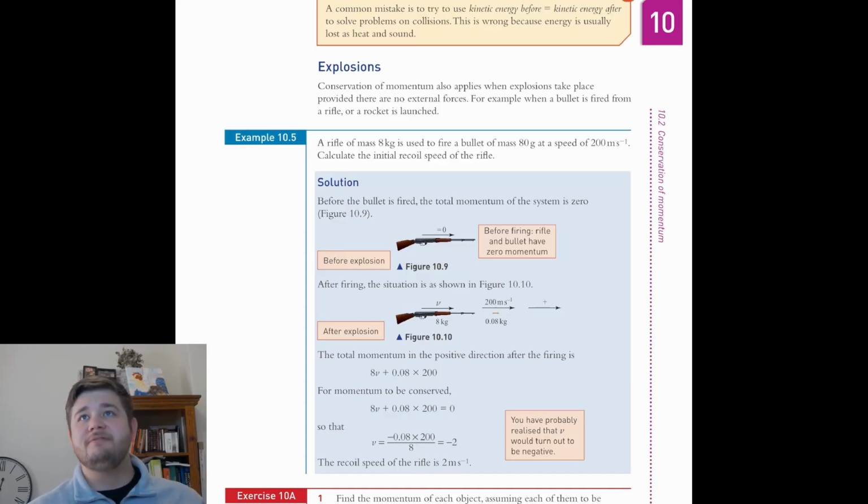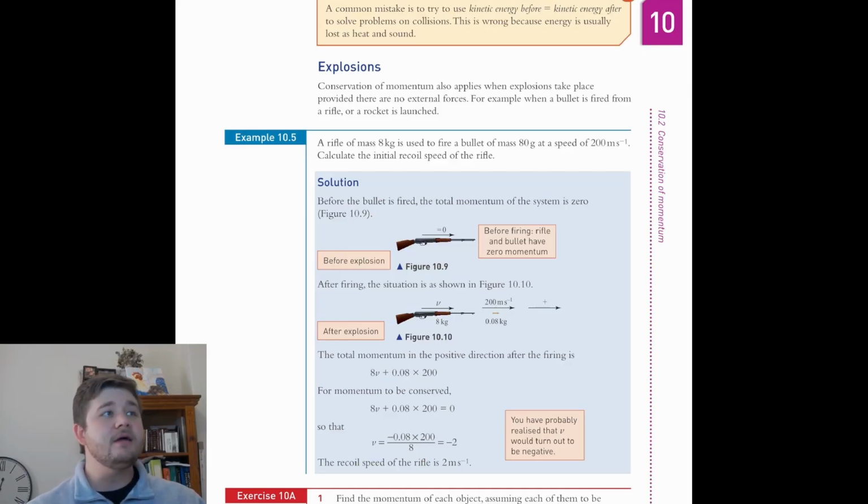For example 10.5, we have a rifle with 8 kilograms of mass used to fire a bullet with 80 grams of mass. This bullet leaves the gun at 200 meters per second, and we should find the initial recoil speed of the rifle. Simple enough. We know before the explosion there is zero momentum.